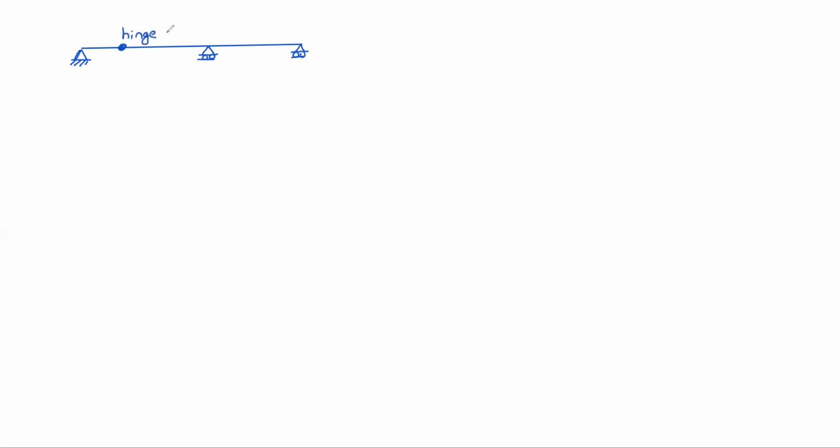See, 3 supports are there, but an internal hinge is there. That's why it is a statically determinate one only. Okay, now I will take, this is 2 meters and this is 4 meters and this is 3 meters. A, B, C. For this, I'll draw RA, RB, RC. Okay, all reactions. The ILD is for all RA, RB, and RC.